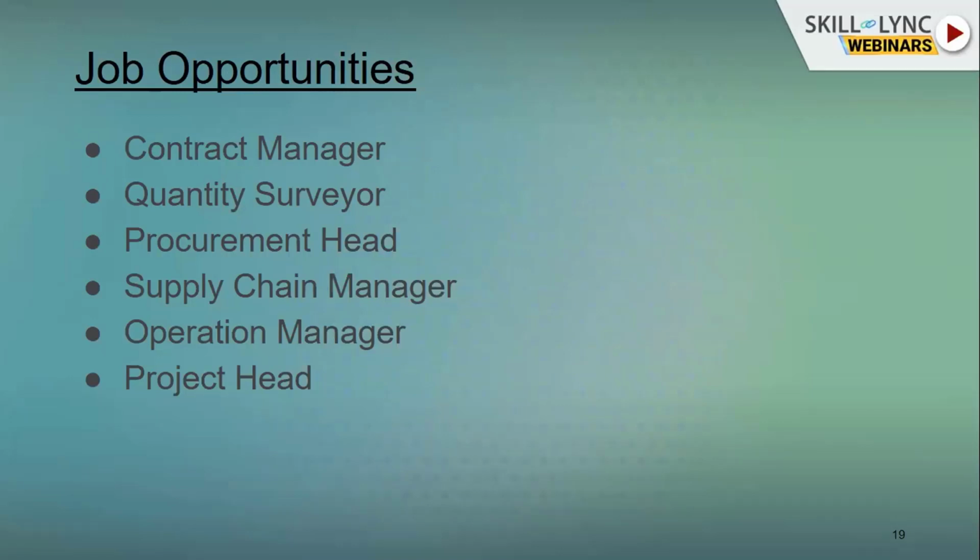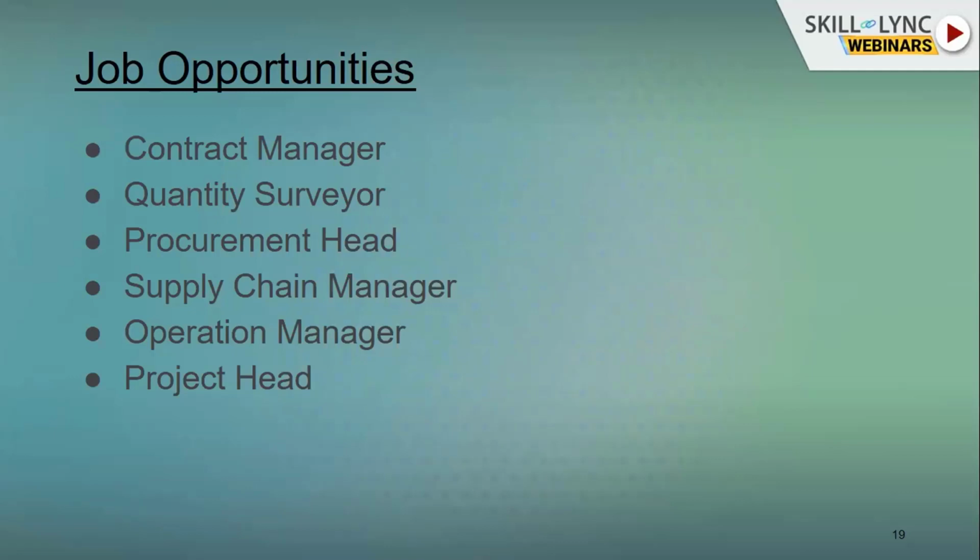So for job opportunities, for example, one is contract manager, which we have already spoken about. A quantity surveyor is nothing but a part of, or a team member of, the contract manager who can provide the detailed specification in the BOQ along with the respective quantities, so that he forms a complete BOQ with specification and submits it to the contract manager.